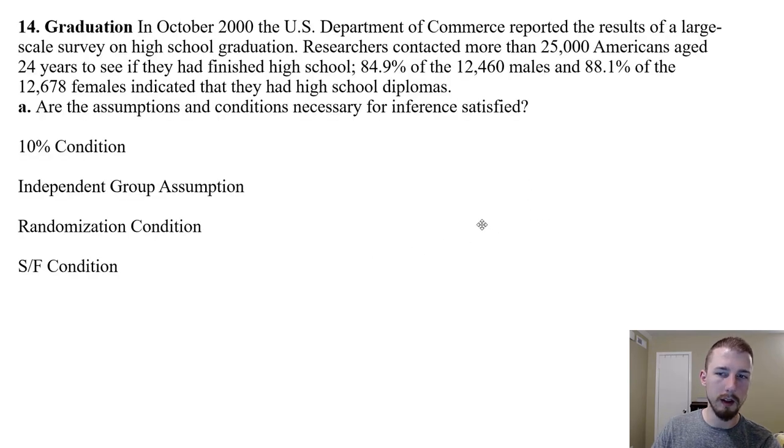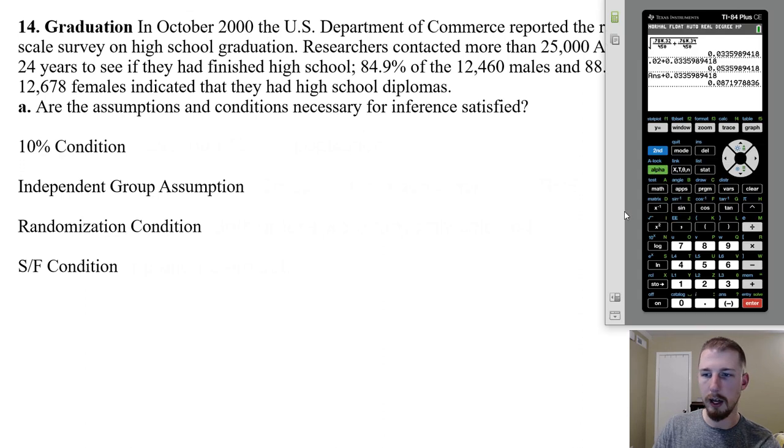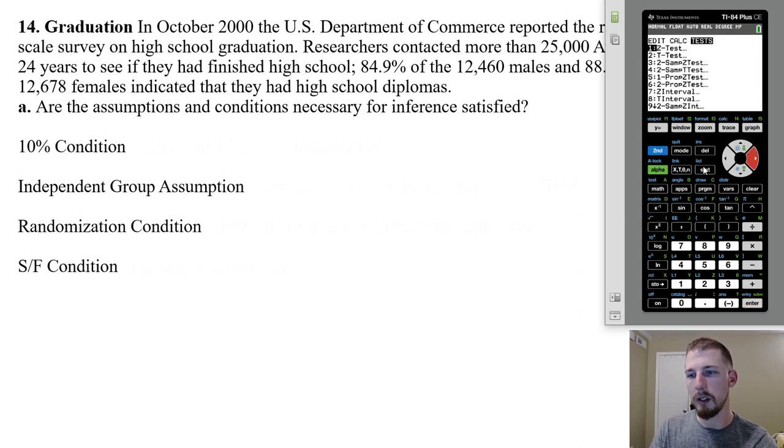I'm going to go back to this slide so I can actually see the data as I put it in the calculator. On this one, we're going to go to stat test. They wanted a confidence interval, so we're going to do a 2 proportion Z interval. The first one we had, actually it doesn't matter which one I do.